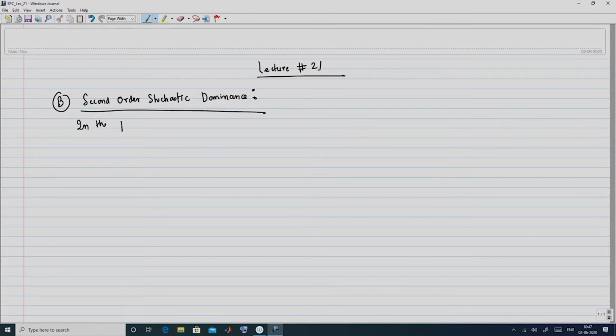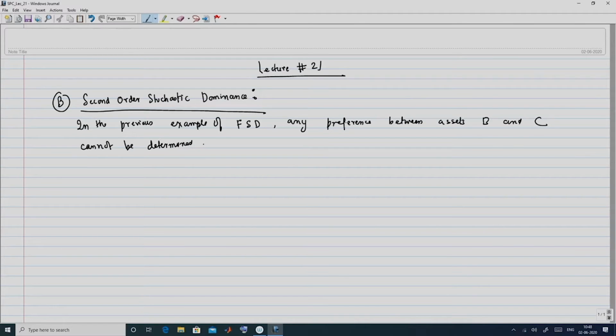So, in the previous example of first order stochastic dominance, any preference using FSD between assets B and C cannot be determined because there is a crossover of their cumulative distribution of returns.